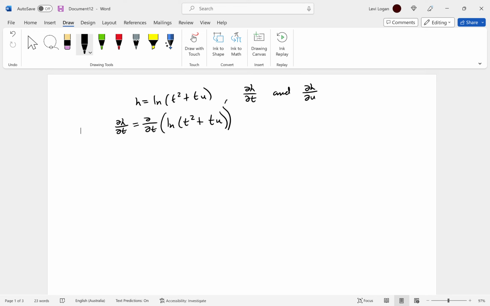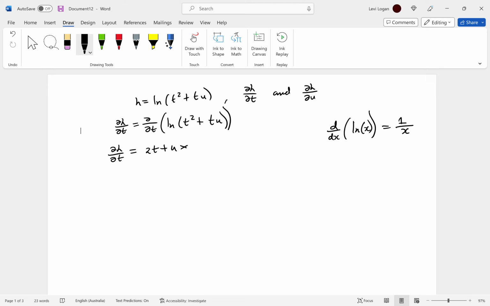As you can see, this is a chain rule. So you've got to differentiate the inside and then the outside. If you differentiate the inside, you get 2t plus u, multiplied. The derivative of log of x is equal to 1 over x.